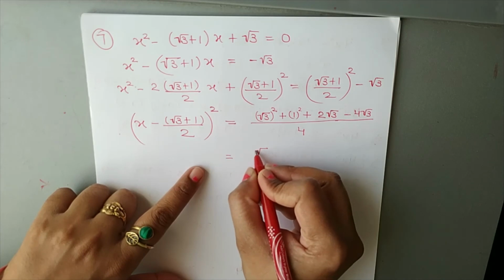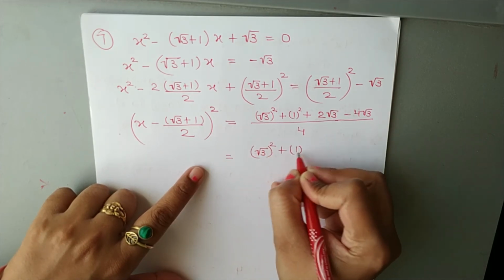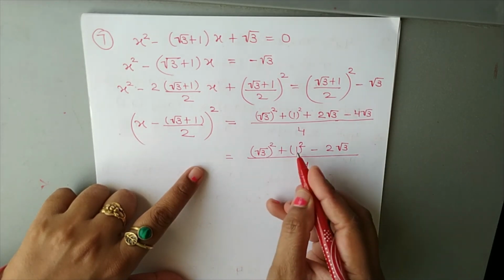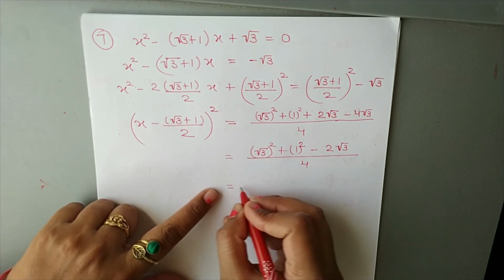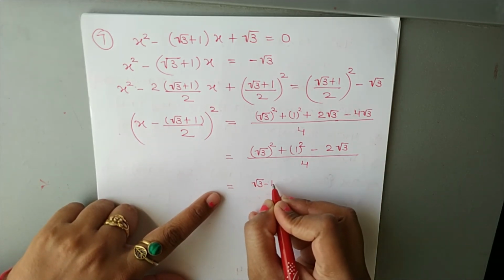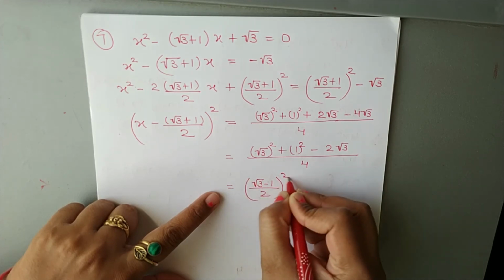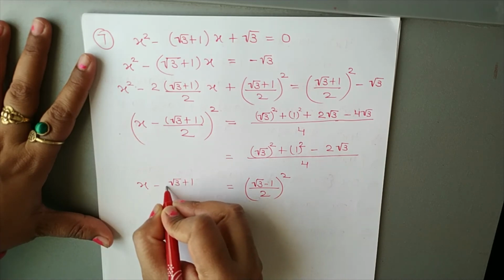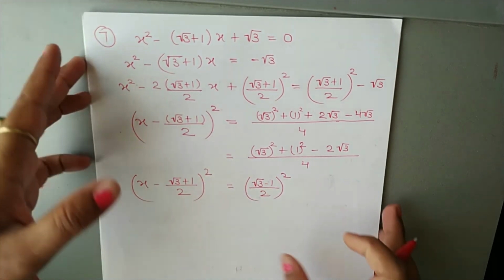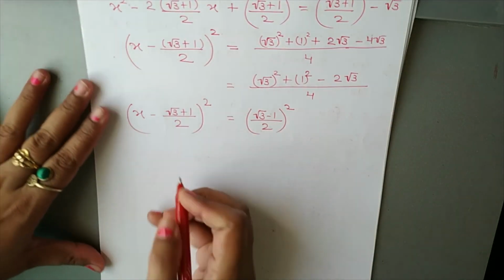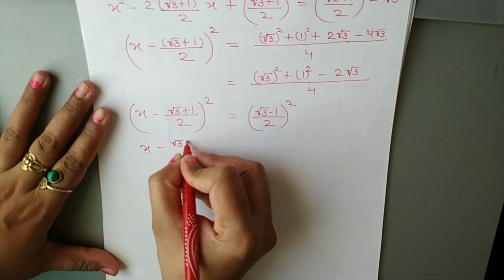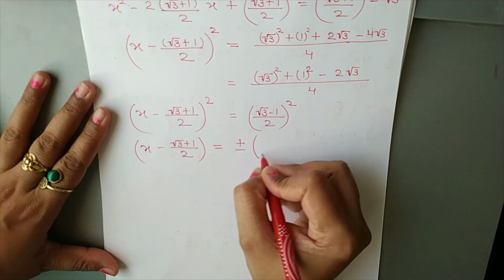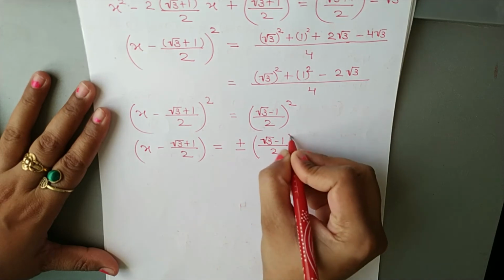So it can be written as (√3)² + 1² − 2√3, which is a² + b² − 2ab, so it will be ((√3 − 1)/2)². Then (x − (√3 + 1)/2)², taking the square root on both sides, x − (√3 + 1)/2 = ±(√3 − 1)/2.